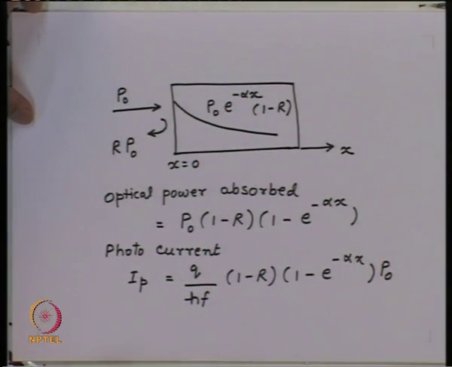So, we saw that the photocurrent is nothing but the charge of the carrier divided by the energy of a photon, which is h into f, where f is the frequency of the optical radiation.